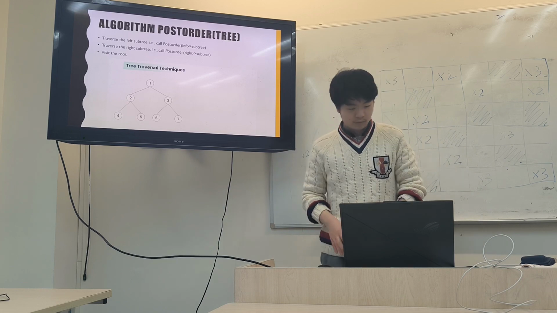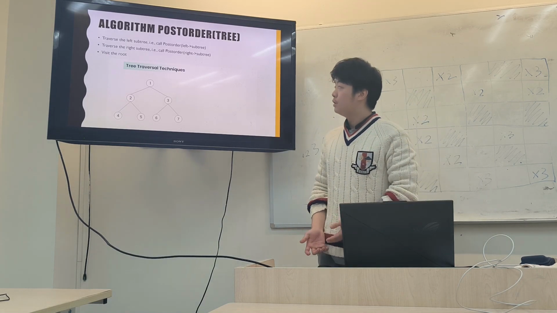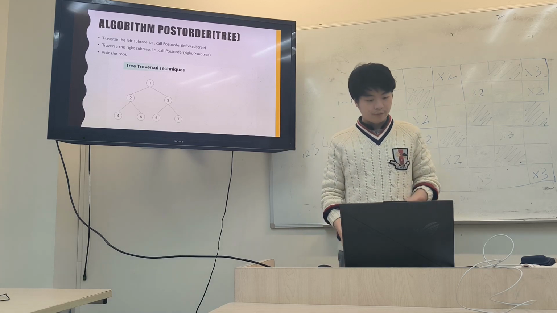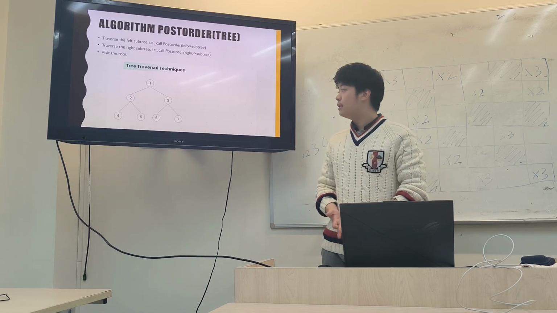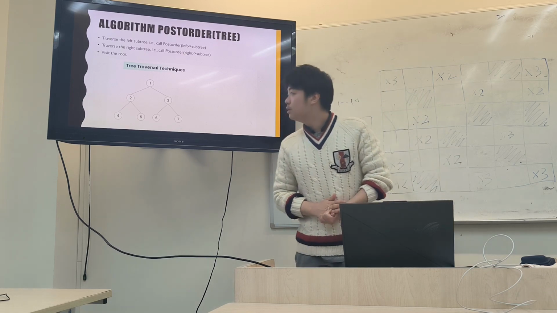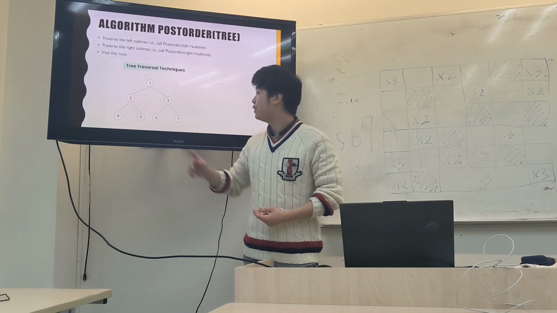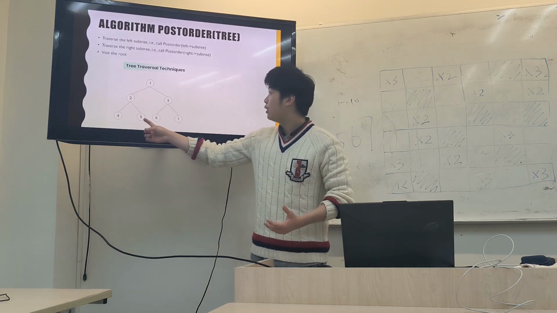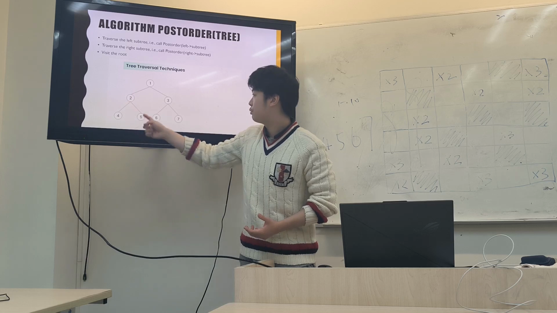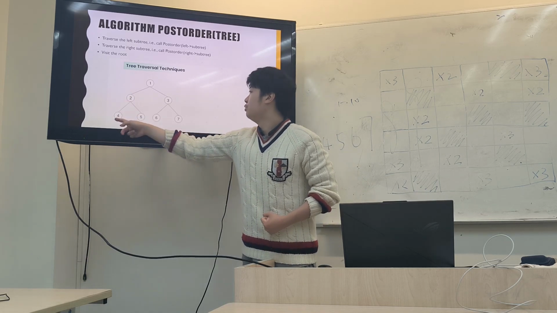The next strategy is called post-order. In this strategy, you visit the left subtree first, and then the right subtree, and at last you visit the root. So you also get 4 first, and then you get to 5 because it is the right subtree of this subtree. And then you visit 2 because it is the root of this subtree.